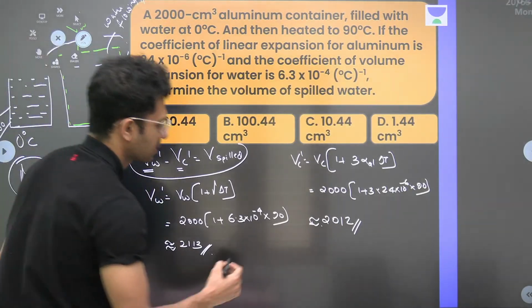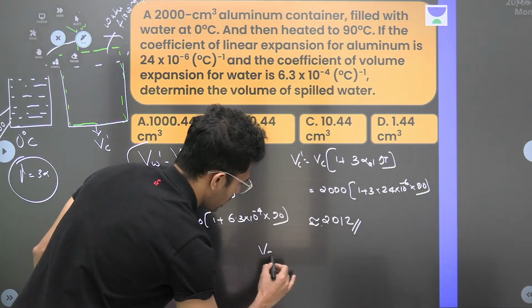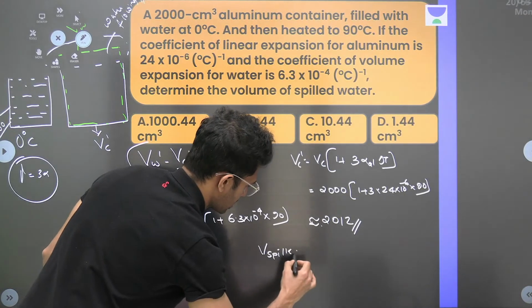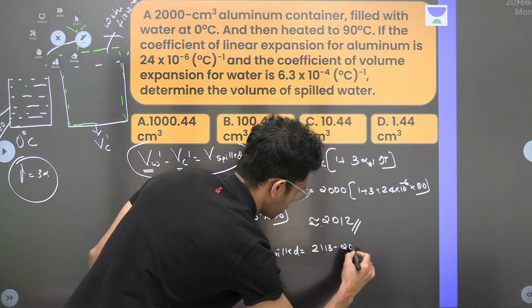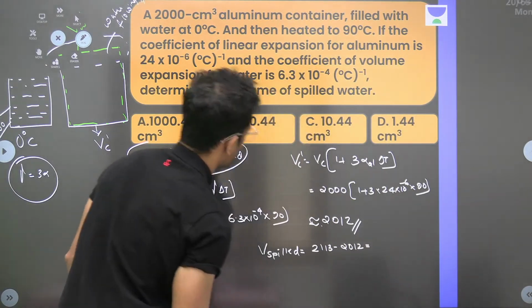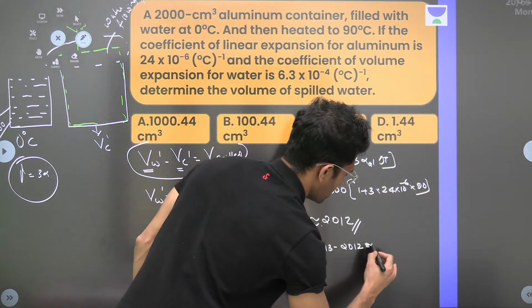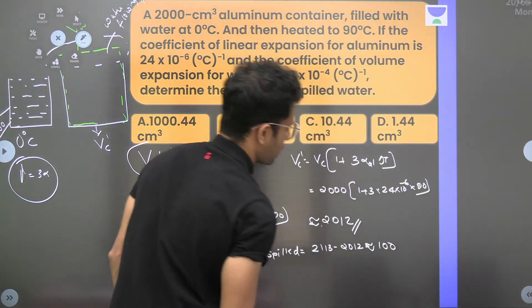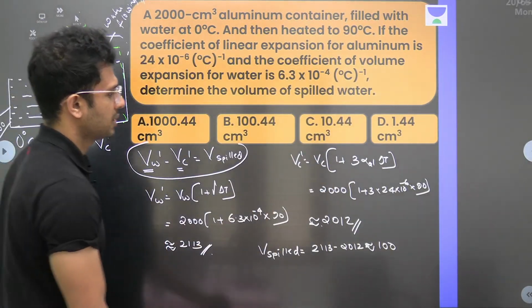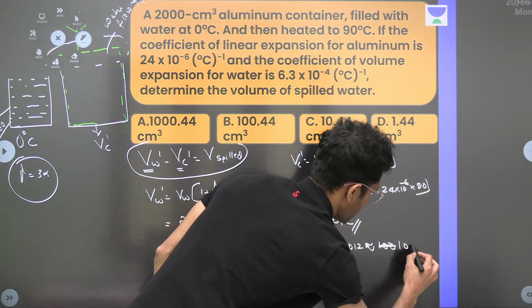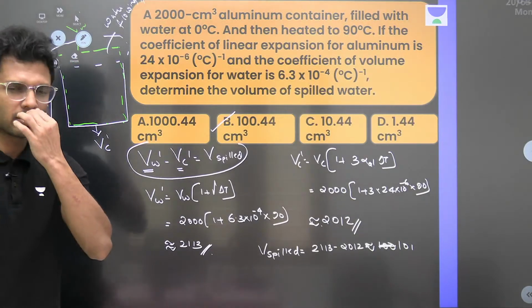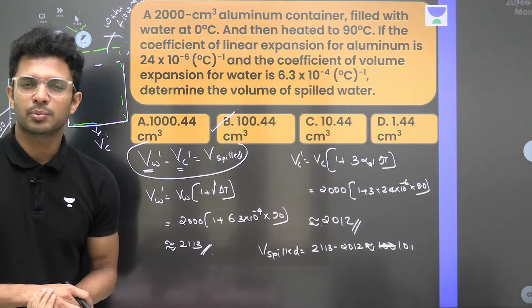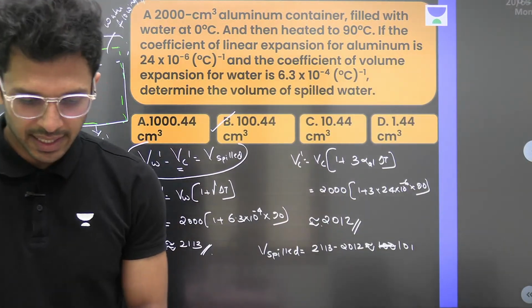So the volume spilled will be 2113 minus 2012. Almost it will be coming around 100 or 101. Approximately this will be 101. As 101 is not directly given, we can go for option B here, 100.44. Okay?